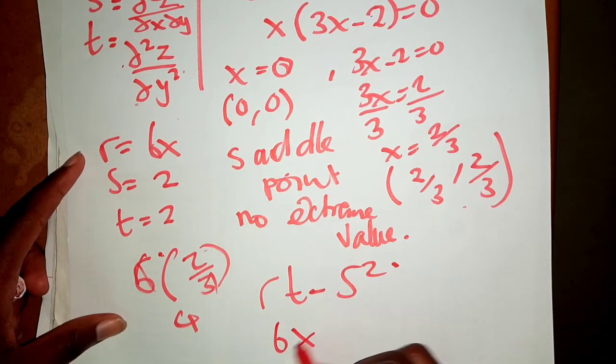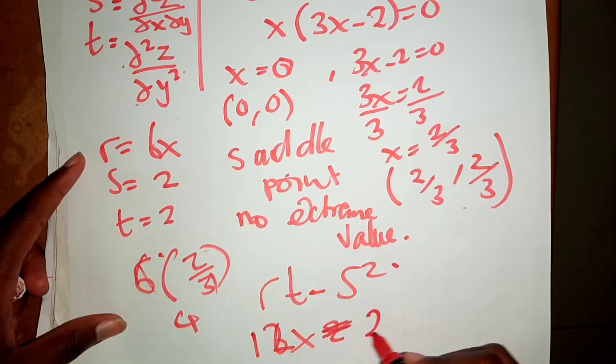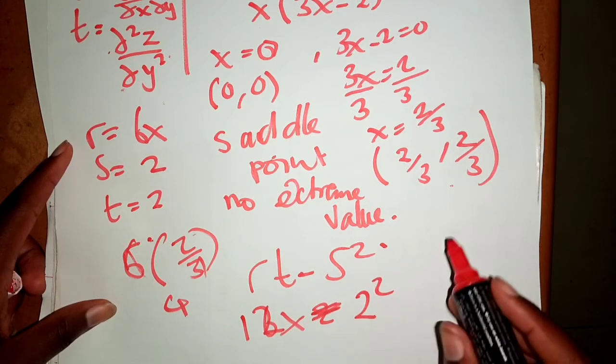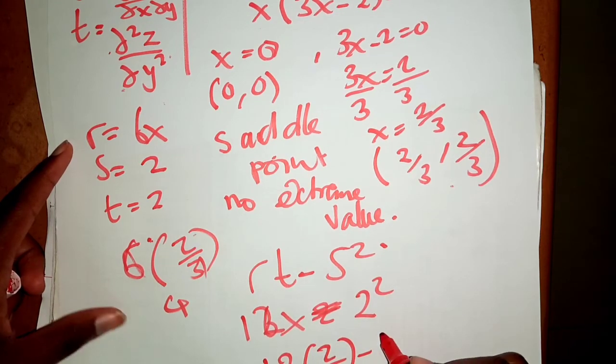So our r is 6x, our t is 2, so this one will give us a 12. Then you can put a minus sign there, then our s will be equal to 2 to the power 2. So then when you put the value there, you are going to have 12 times 2 over 3 minus 4.